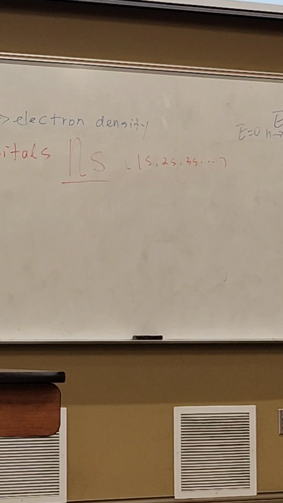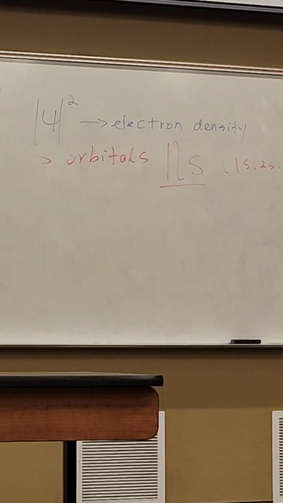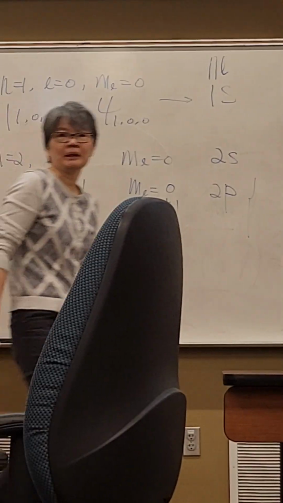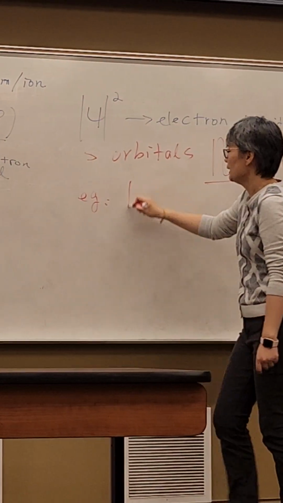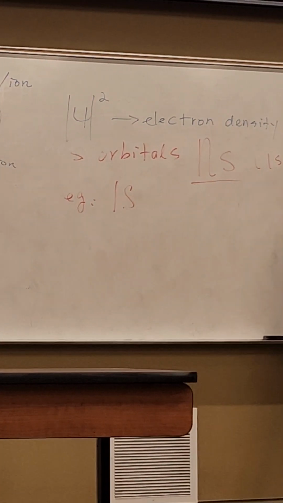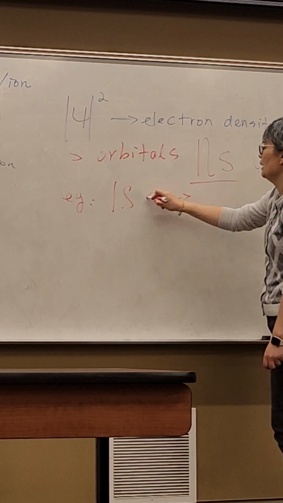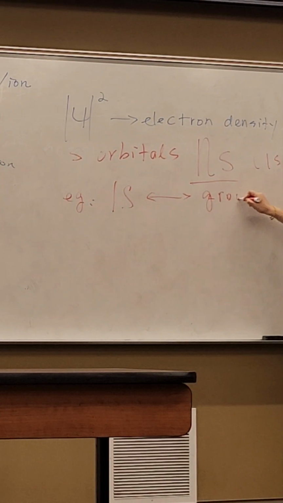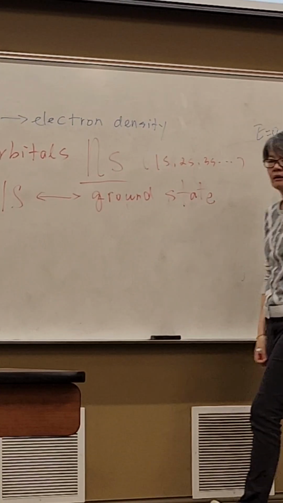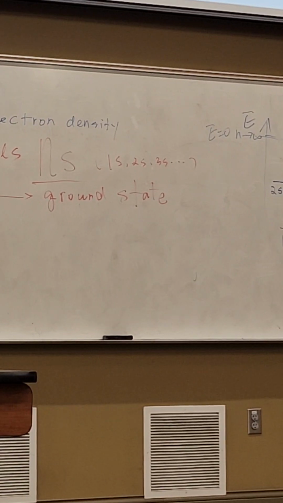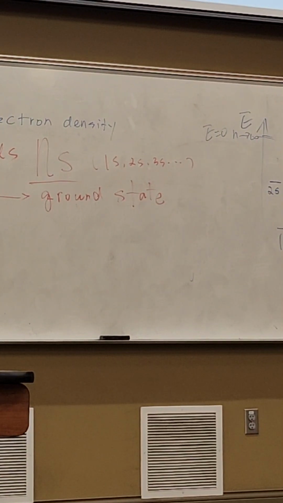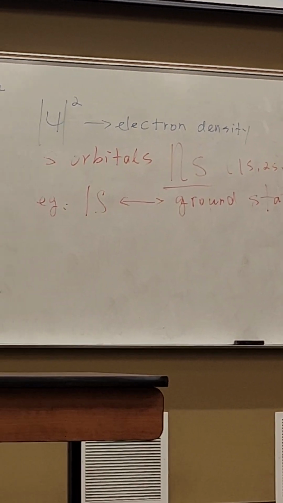Now, if I want to use one of them as an example, the simplest one we can come up with is the 1s. The 1s is really our ground state as well. Not only is it the example for the s orbital, it's also the ground state for all the atomic orbitals.